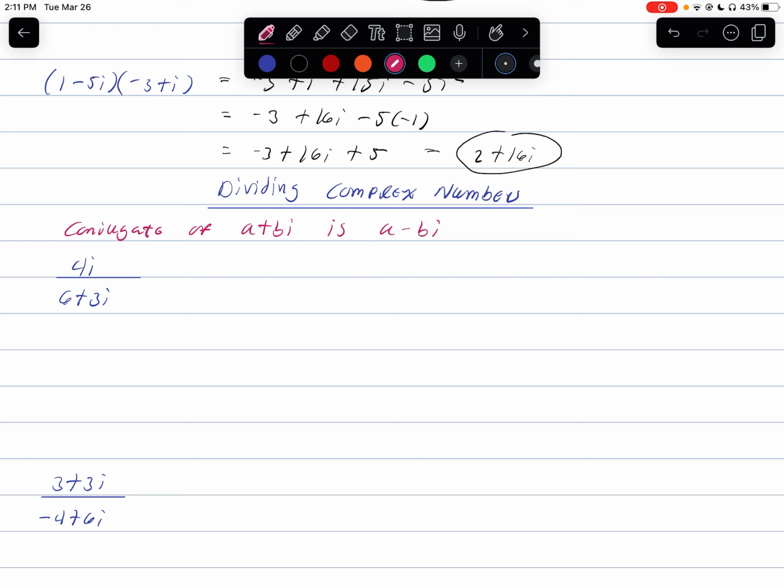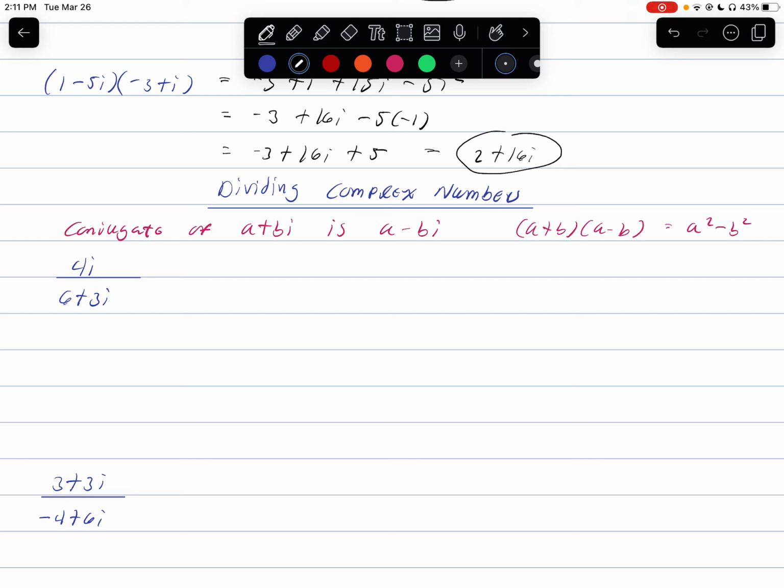We're going to remember this because if you remember correctly, if we have a plus b times a minus b, so when we have a number multiplied by its conjugate, we're going to get a squared minus b squared, right? That ends up being very powerful here because when we're dividing complex numbers, our goal is actually to eliminate the i variables from the denominator. Okay, and if we use conjugates, we're able to do that. So we're going to use this to help us out here. So let's go ahead and get started.